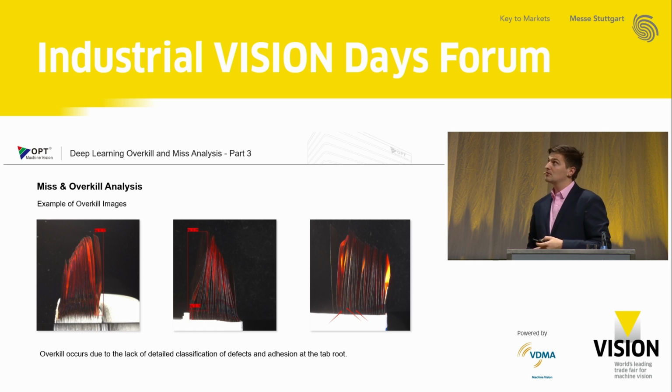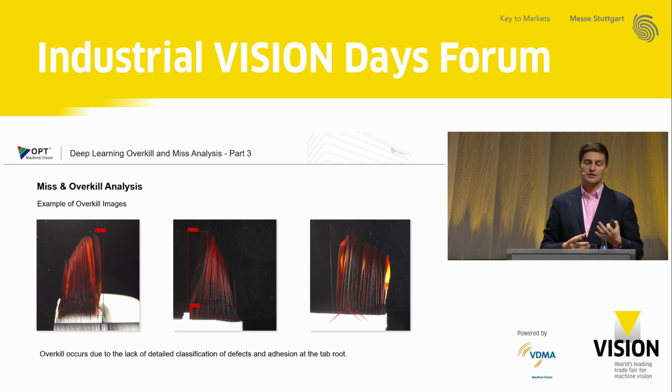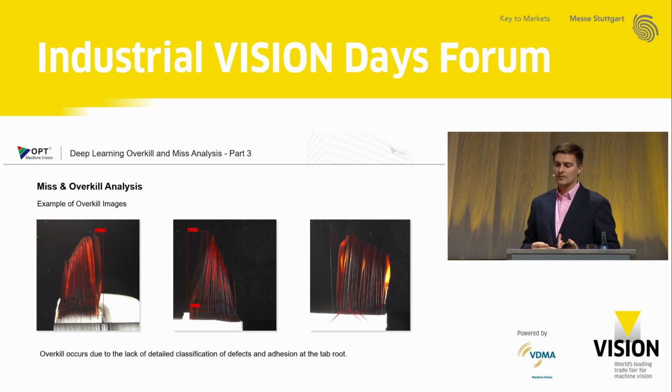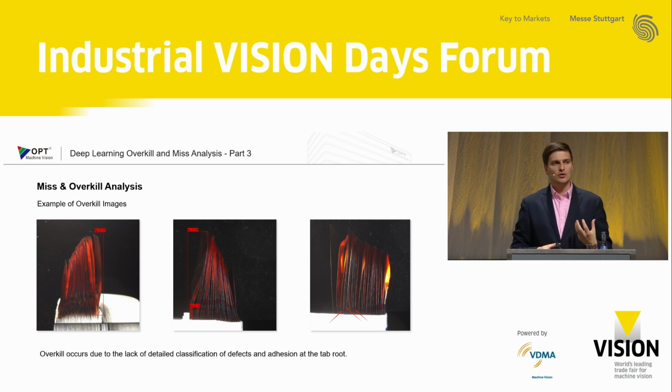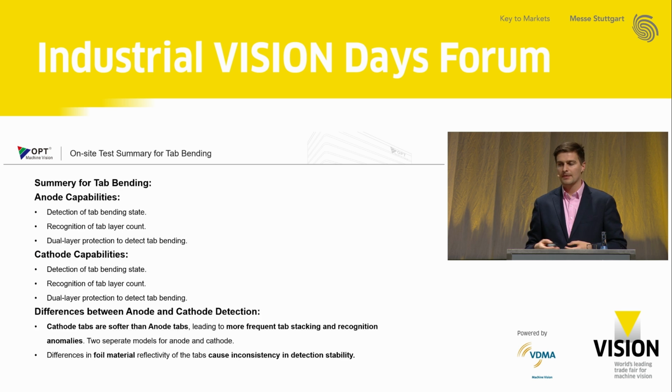These images were quite easy to find because the tabs are in this shape that it was easy to calculate. But this brought us to one point that we learned in this application: the anode was quite different to annotate than the cathode, because of the material, and also because of the reflection, and because also of the cutting process before.